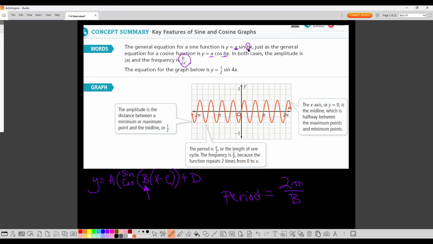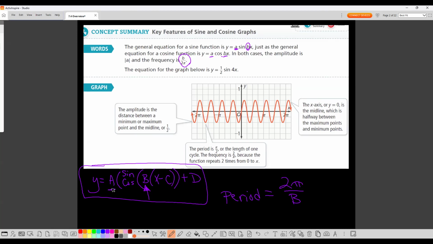So, now the frequency, how many times does it complete the cycle? So the period, how long does it take to complete the cycle? And again, the frequency, how many cycles happen in our normal 2 pi. So all of this can all kind of go together, but let's jump into it. So last thing down here at the bottom, all of our different transformations that eventually we can do.